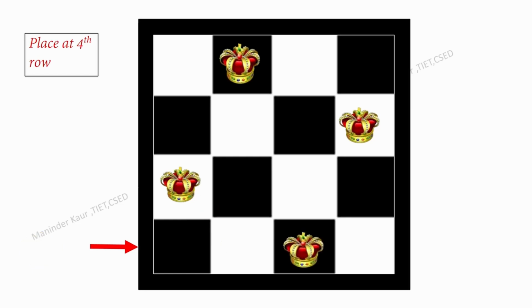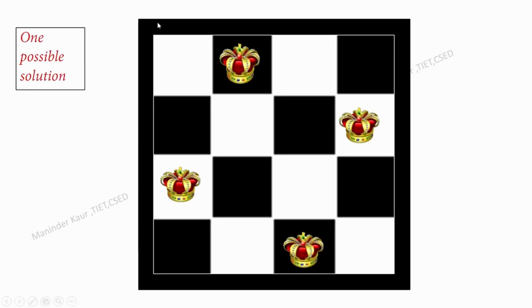This is the appropriate position for the fourth row. Now this is one of the solutions where you are able to place all the four queens in a 4x4 chessboard in a feasible manner. So this is one possible solution. There can be many other possible solutions by altering the positions of the respective queens and so on.